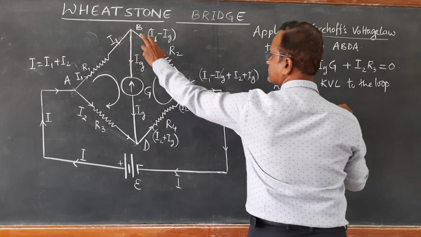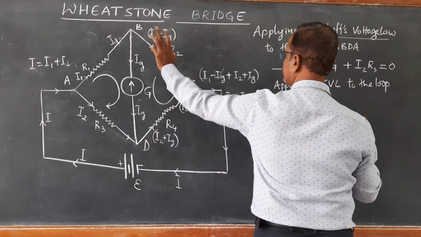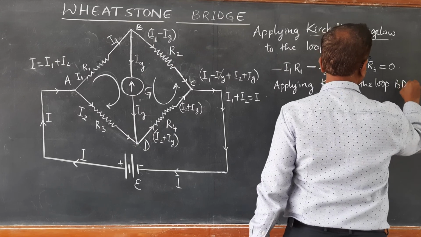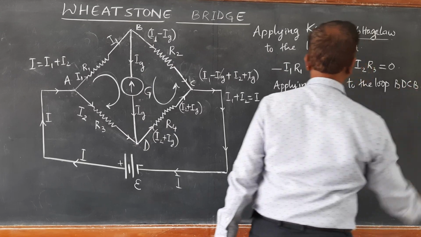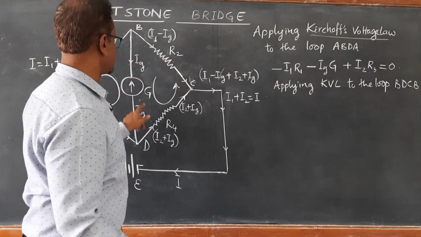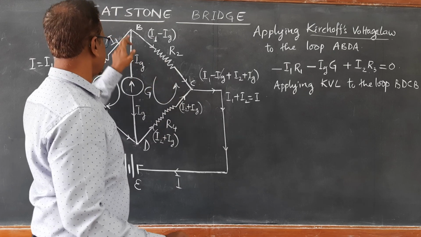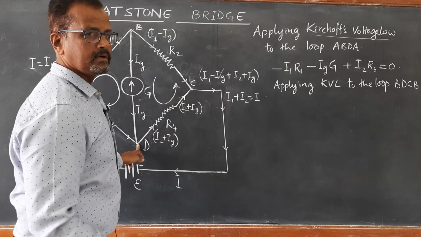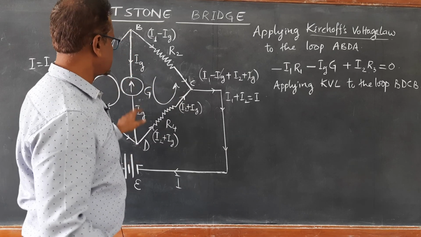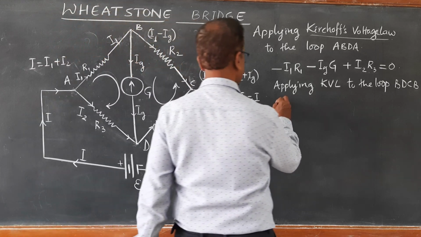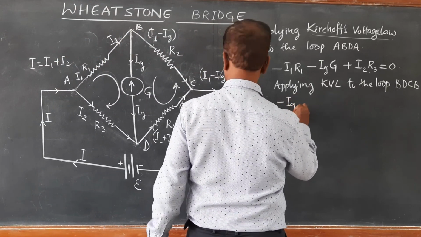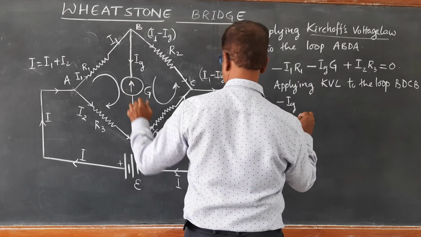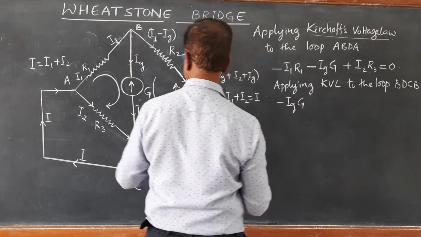The loop here is BDCB. Again look at this chosen path, anti-clockwise here. B to D, there is a drop in potential. There is a decrease in potential. So it becomes minus IgG.